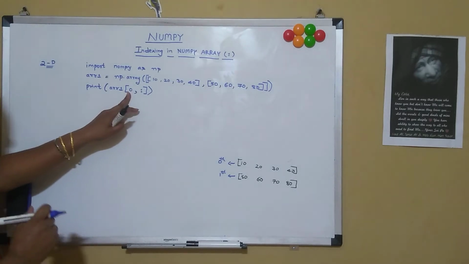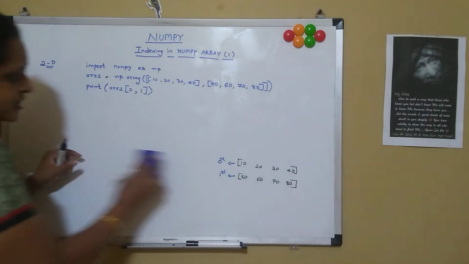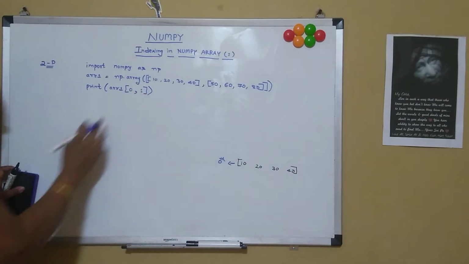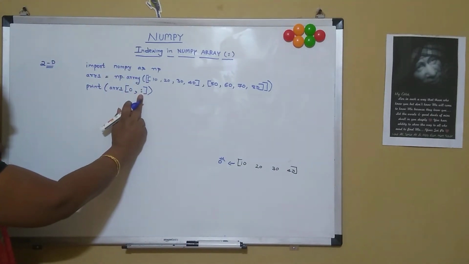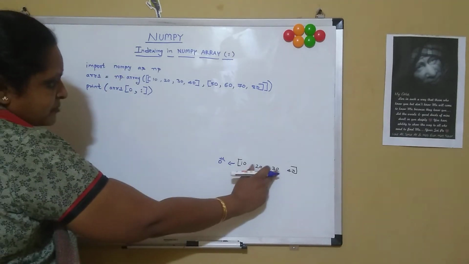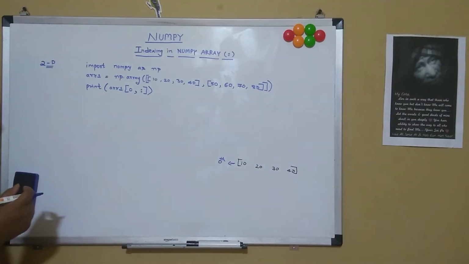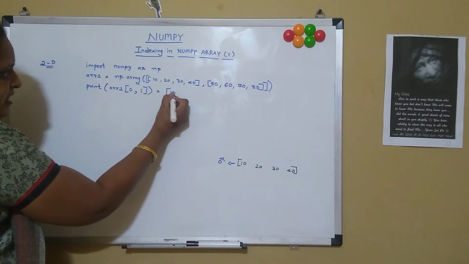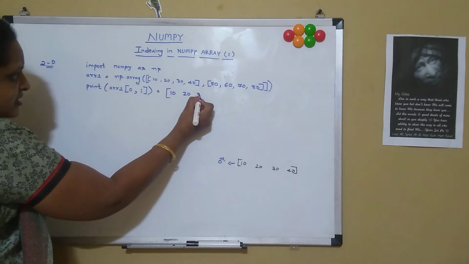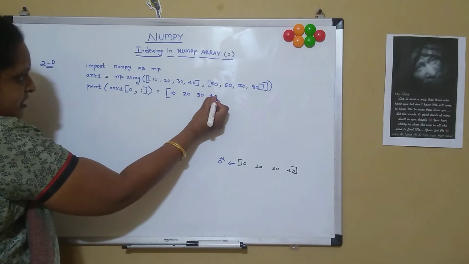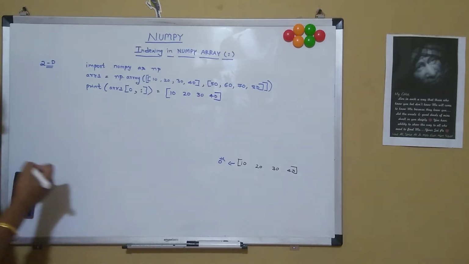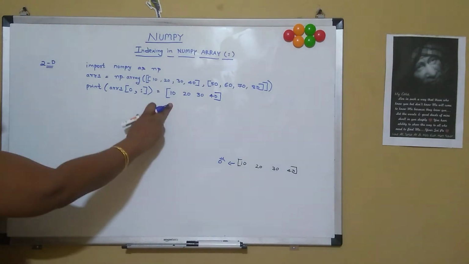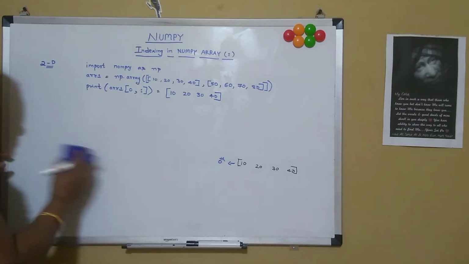Since I gave 0, let me not consider the other row. In the 0th row, I have given colon, so all the column elements get considered. So my output in this case would be 10, 20, 30, 40.